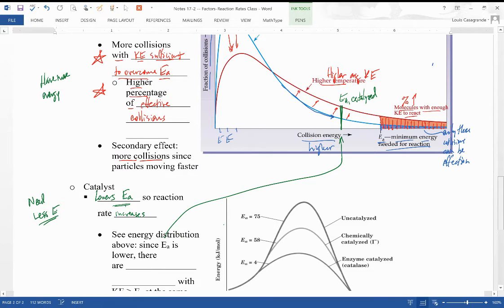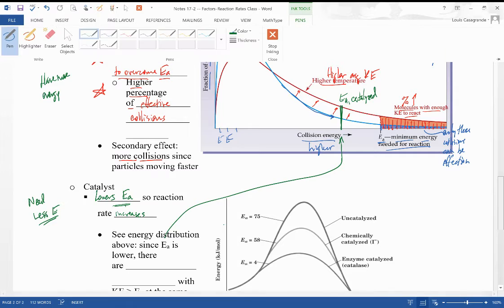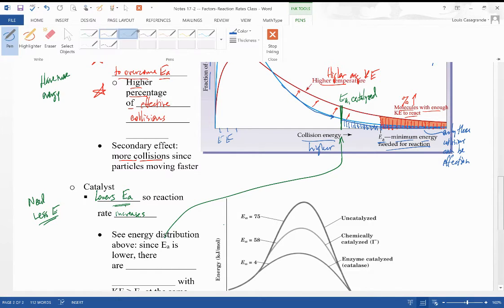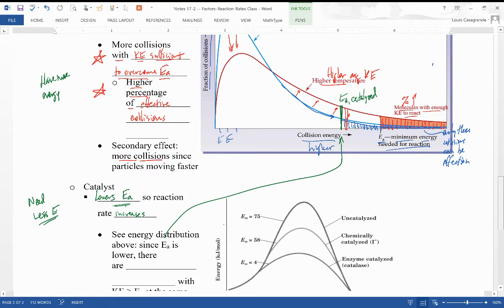Catalyzed reaction, lower activation energy. Can you see that no matter what temperature, we now have an additional percentage of particles that have enough kinetic energy to react, whether it's at low temperature or at high temperature.